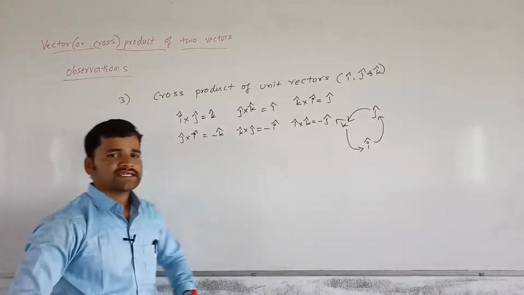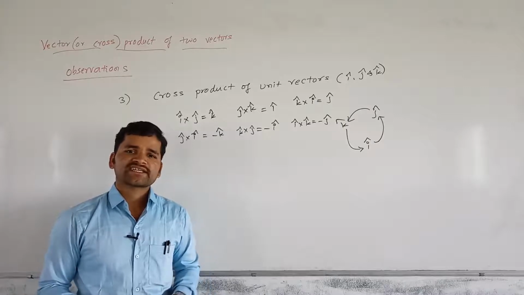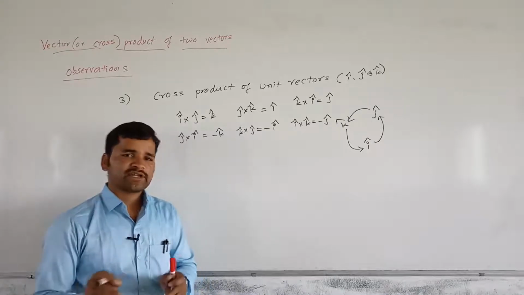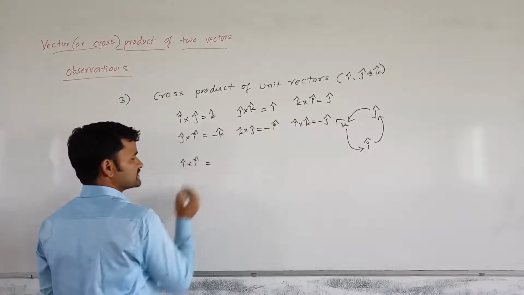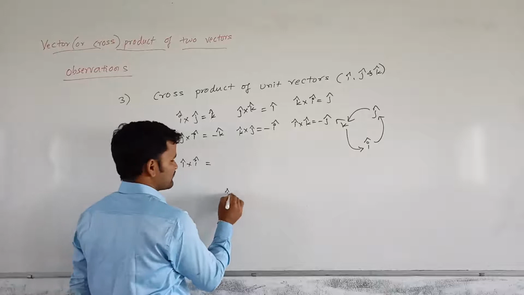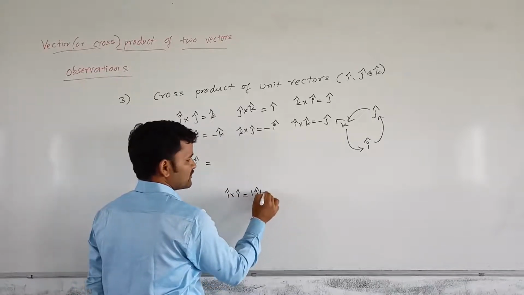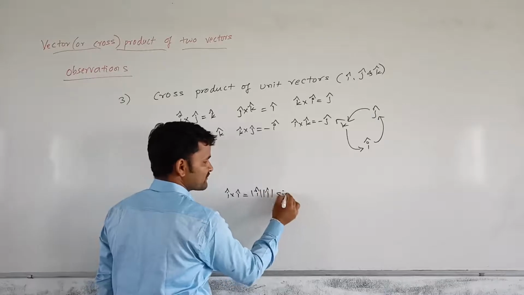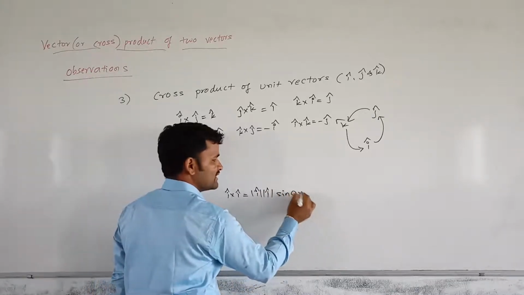Okay, i cross j and j cross k we took. Suppose there is i cross i, j cross j and k cross k. What happens to it? Let me see according to the definition. i cross i is equal to magnitude of i into magnitude of i into sin theta. What will be the sin theta? It will be sin 0 degrees, into n cap.